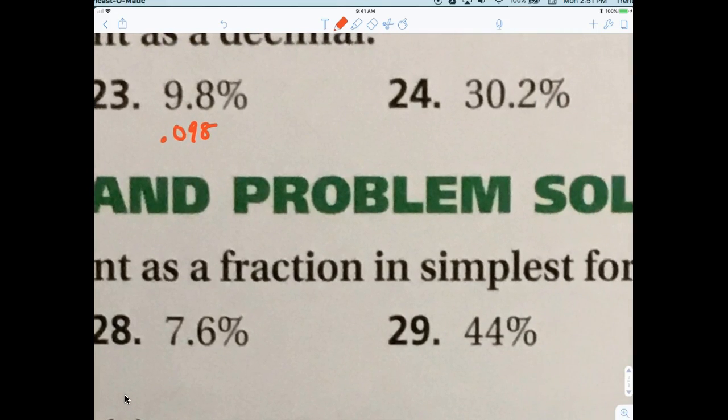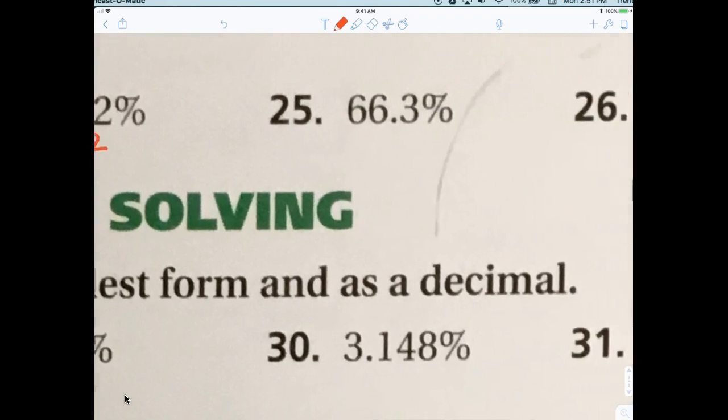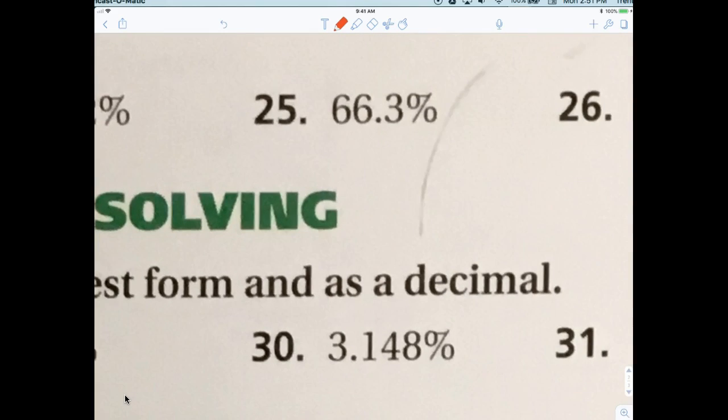And then over here, would it be point? You're awesome. 0.302. What's over here? Thomas, what would that be? Point... You're awesome. 0.663. Very good.